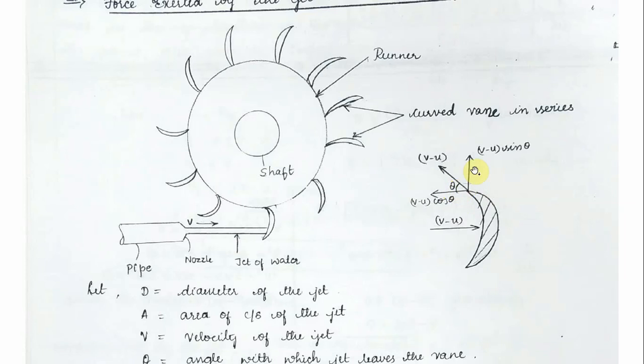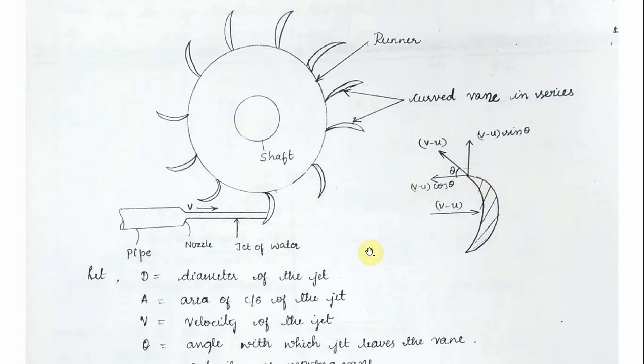This can be resolved into a horizontal component, V minus U into cos theta, and a vertical component, V minus U into sin theta.